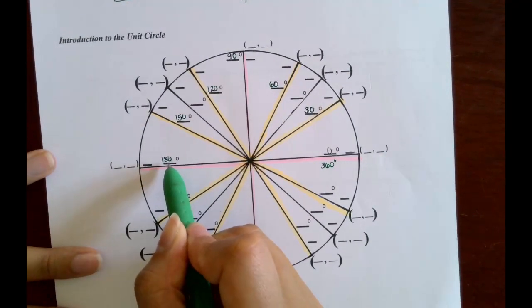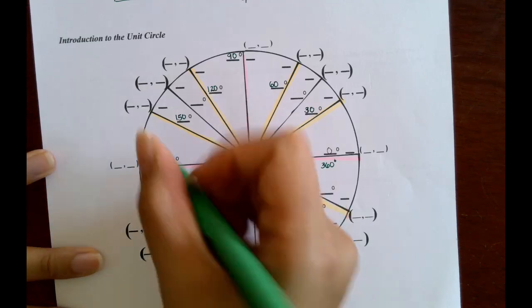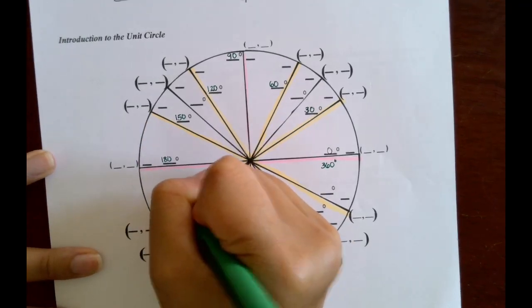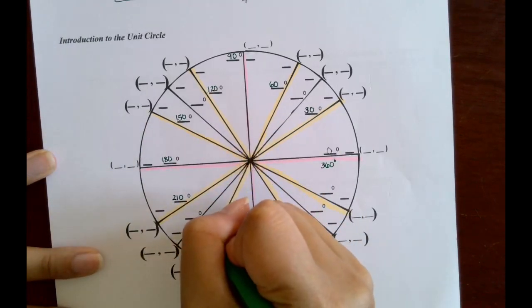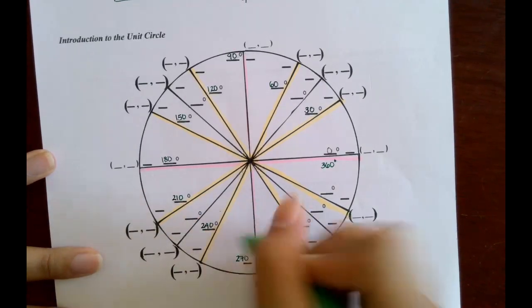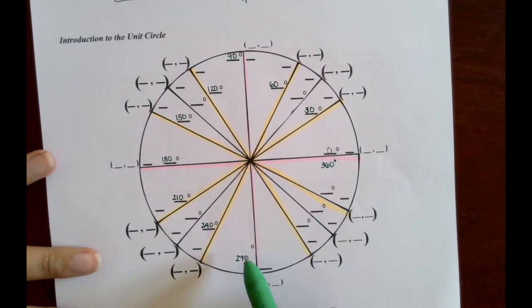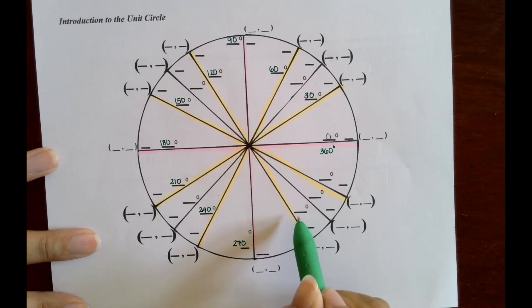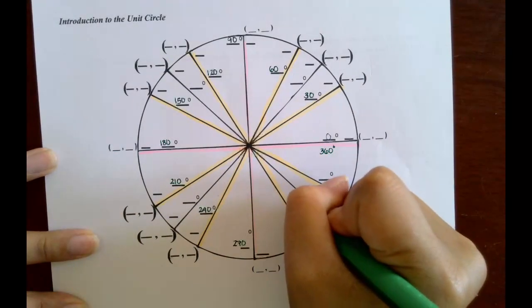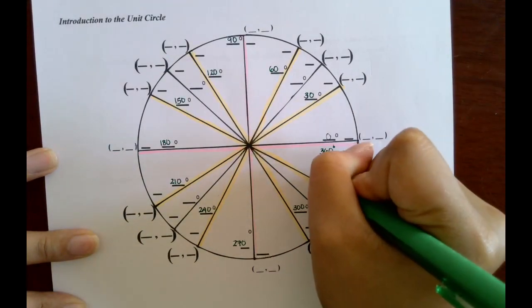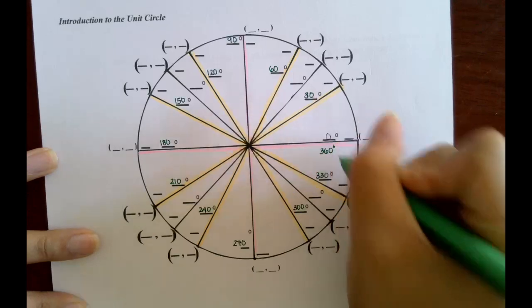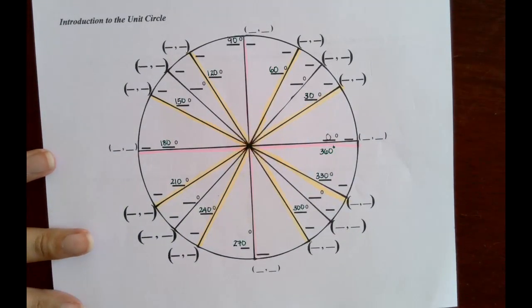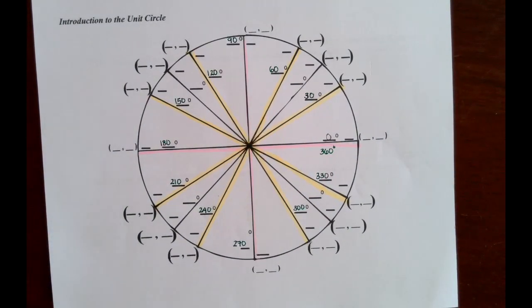From 180, plus another 30 is 210, plus another 30 is 240, plus another 30 is 270. Then plus another 30 is now 300, plus another 30 is 330, and then plus another 30, I'm back at 360.